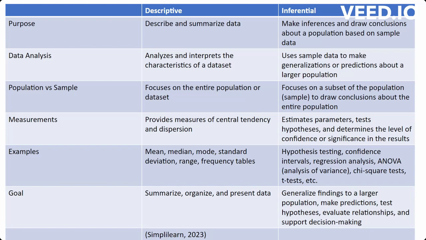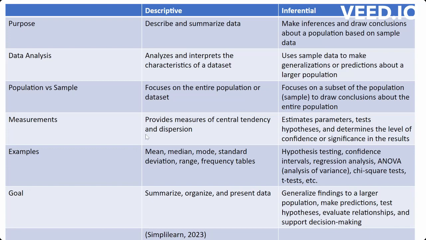In order for you to draw a conclusion, you need to draw a sample from a particular population so that you come up with a conclusion or a prediction. Though today we are not dwelling on prediction, we are just dwelling on conclusions. Prediction has to do with linear or multiple regression.